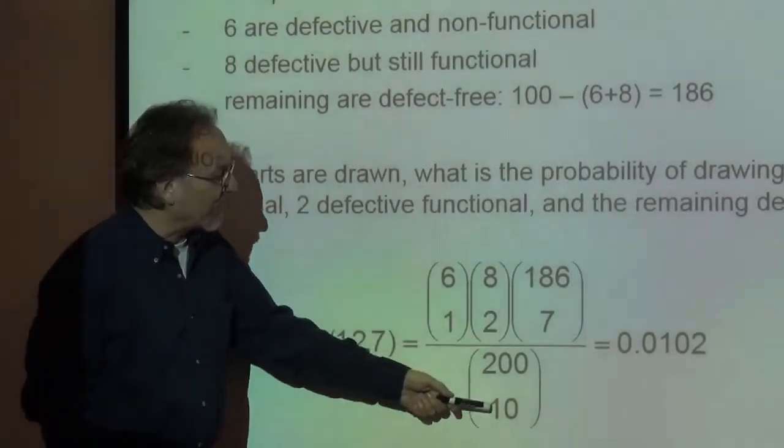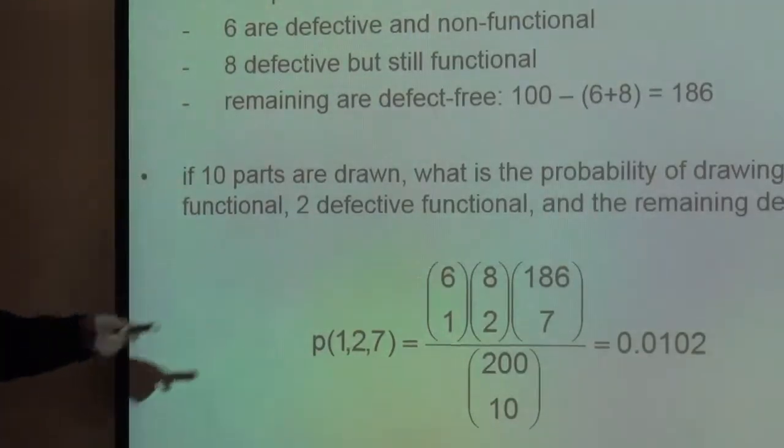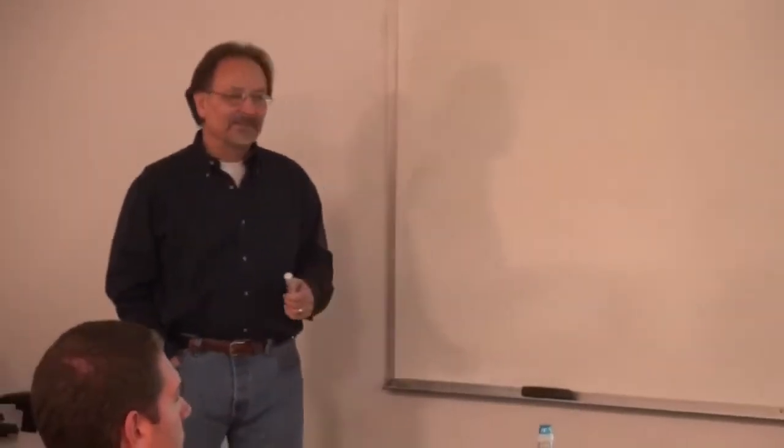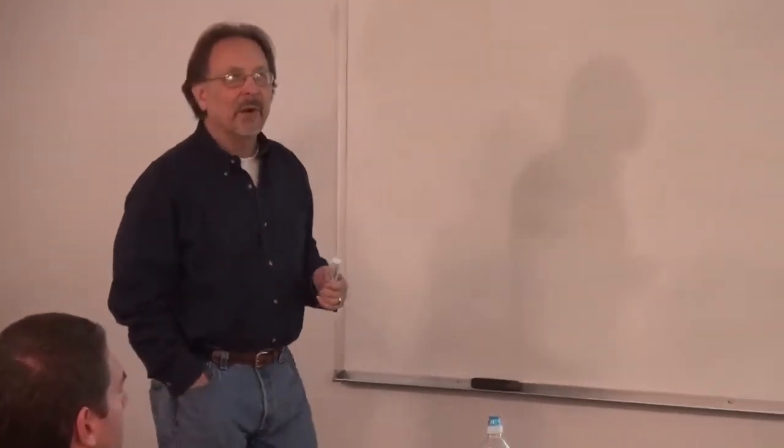Overall, I have 200 parts and I'm drawing 10. In that particular combination, it's about a 1% probability that I'm going to draw that. Again, you have to have a specific set that you want to predict that you're going to draw.